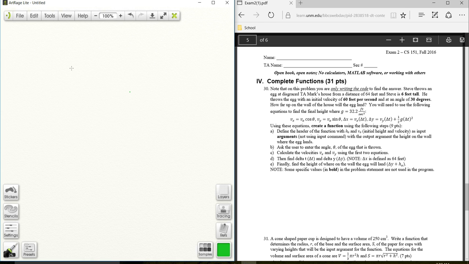So if we come over here, we know that delta x is equal to Vx times delta t. Quick algebra, we say delta t is equal to delta x divided by Vx. That's going to be our equation.